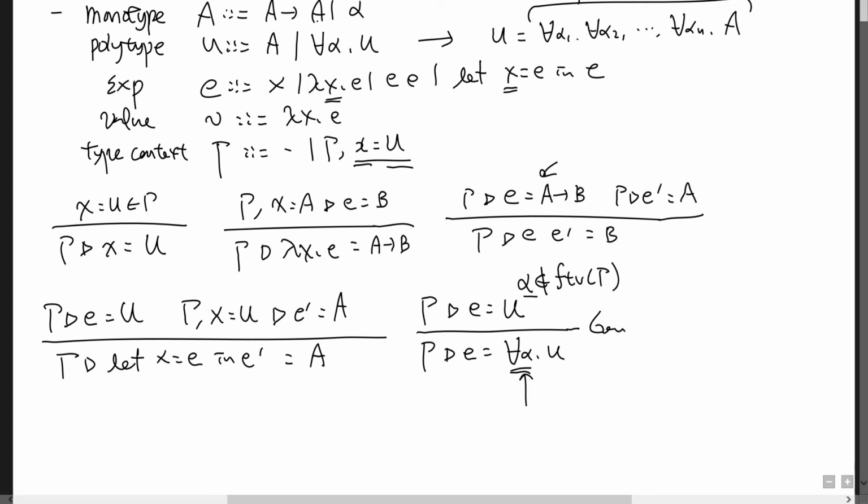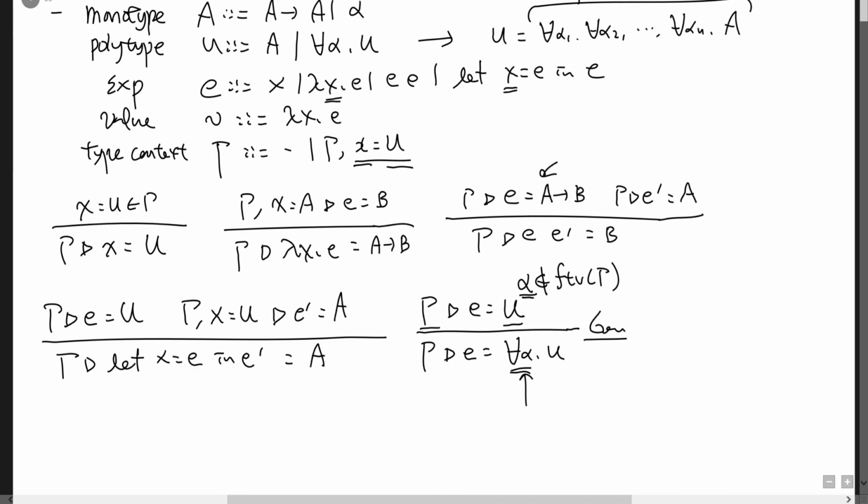Perhaps alpha is found in type U, otherwise there's no need to apply this generalization rule. So suppose that alpha is found in type U, and if alpha is not used in typing context gamma, then you are free to apply this generalization rule to generalize the type to this polytype.